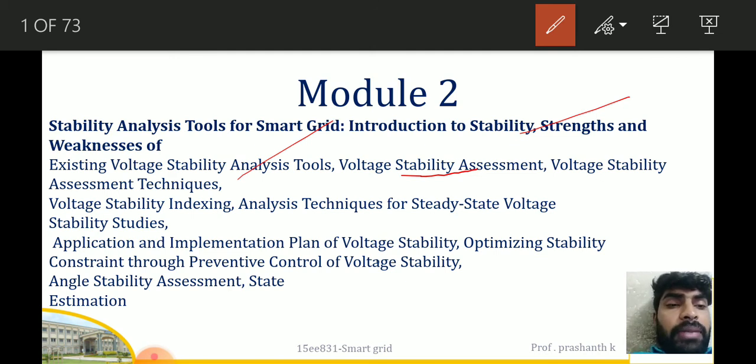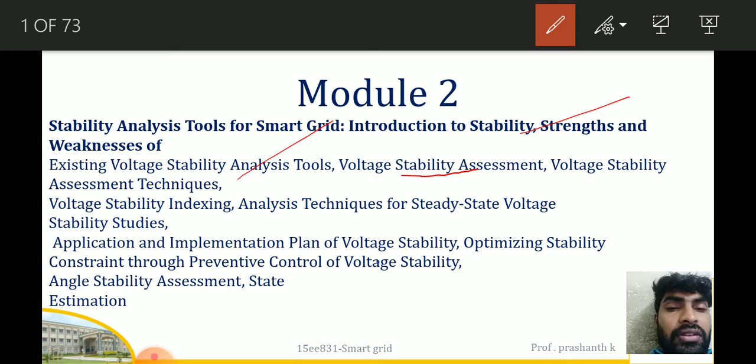Application and implementation of voltage stability planning, optimizing stability constraints through the preventive control of voltage stability analysis. Here also we are going to discuss applications and implementations: how it is applied practically, and how to implement it in the power supply system. We are also going to discuss angle stability assessment.